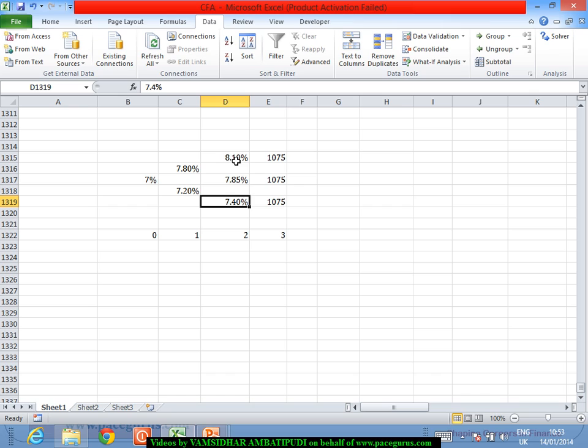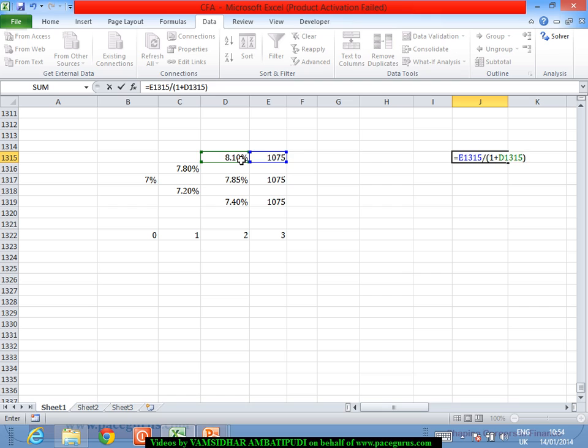So if the interest rate, the 1 year rate, was 8.1% at the end of the second year, what would be the present value at the end of second year? It would have been this divided by 1 plus this. So 994 would have become the present value of this future 1075 that I am going to get at the end of third year.